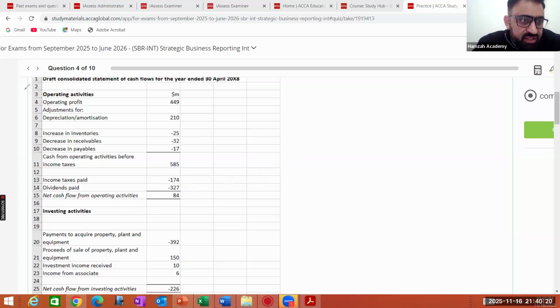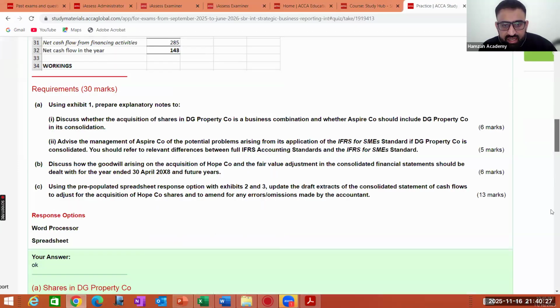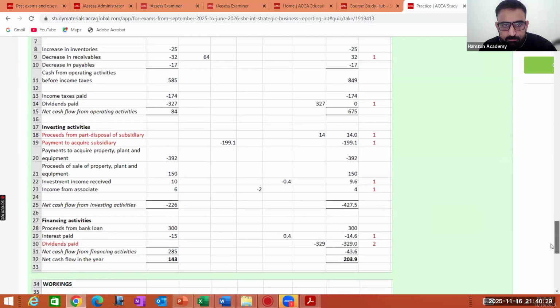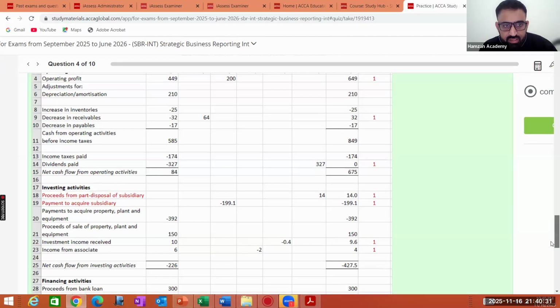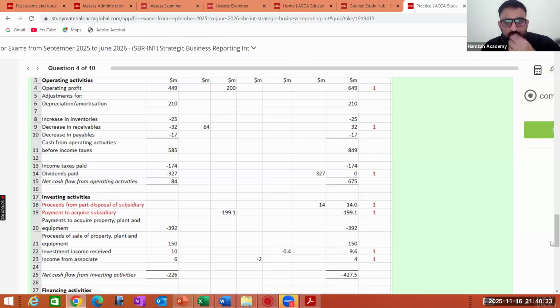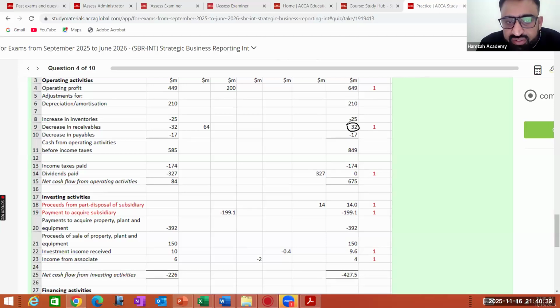So if we consider these two things and look at the solution, look at here, what they have done, they have taken it as a positive value. Decrease in receivable should have been added, not minus. So they have converted it into plus. By adding 64, they achieved 32.